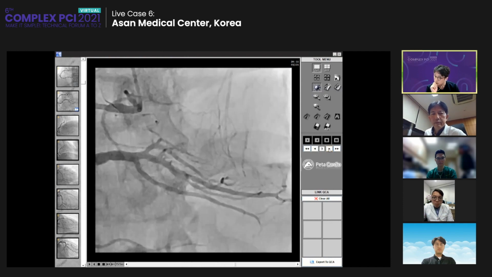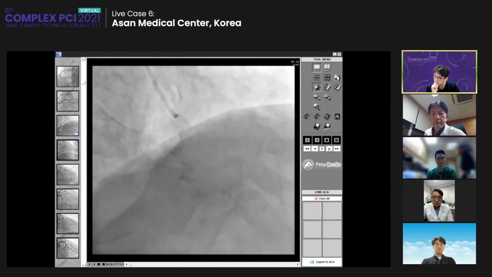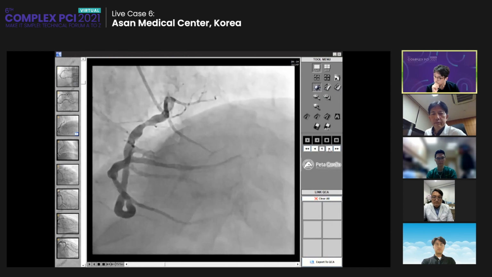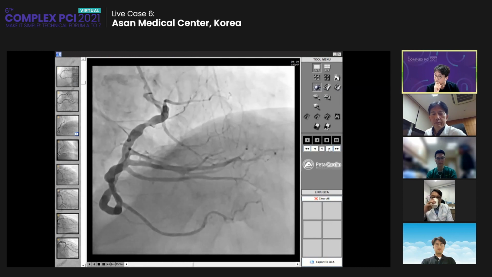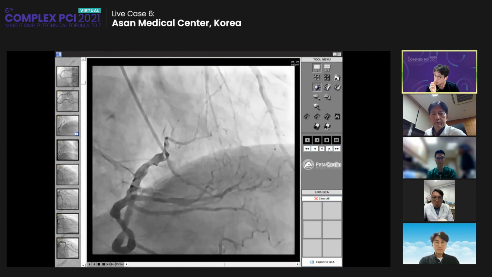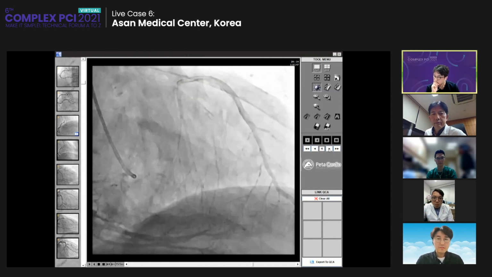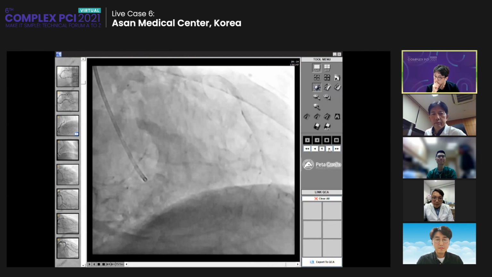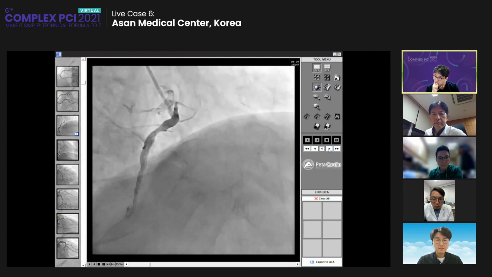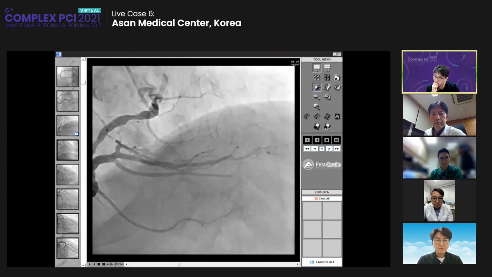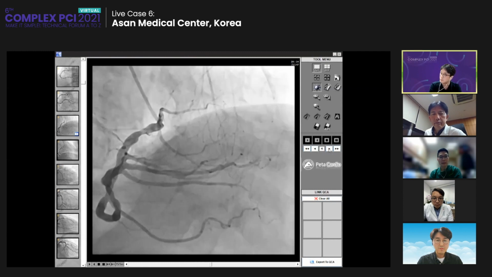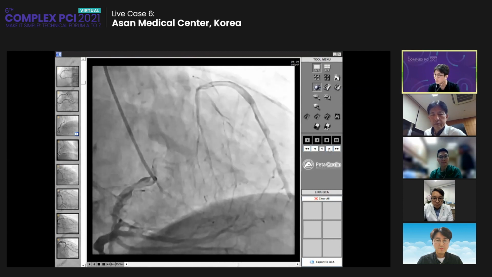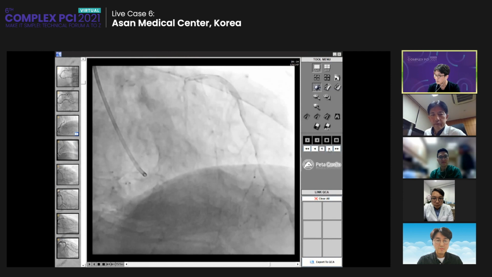So this is a cranial view, and you can see that the LAD is quite large. It's not diffusely stenosed or calcified or shrunken, which is good for stenting, I think.